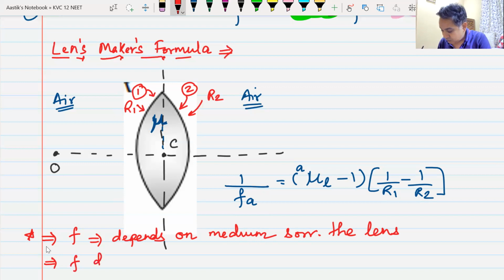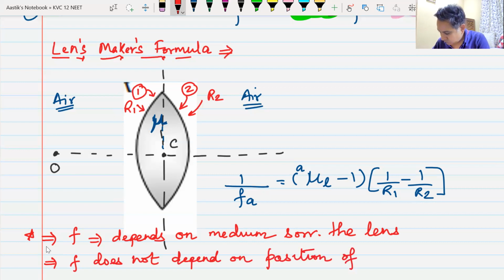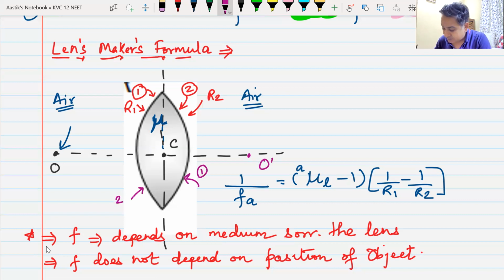F does not depend on the position of the object. What do I mean by this? You might think that if the object is placed on this side, the first surface becomes the first surface and the second surface becomes the second surface. But if I move the object to this side, O dash, then this surface will become the first surface and this surface will become the second surface.